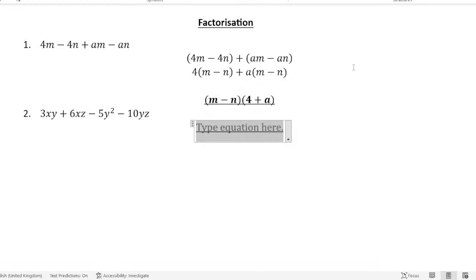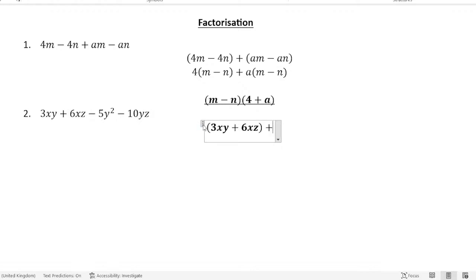Here we have 3 and 6, they are together, and we have xy and xz. So we're going to group these two together. So we'll have open brackets 3xy plus 6xz, right?